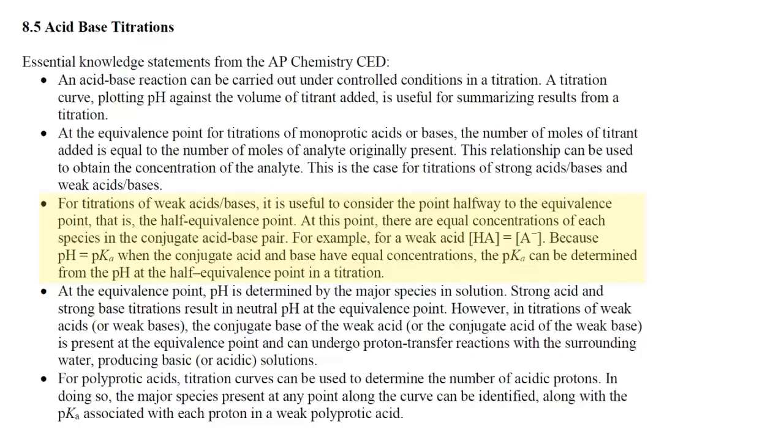At this point, there are equal concentrations of each species in the conjugate acid-base pair. So for example, if you have the same concentration of the weak acid HA as the conjugate base A-, then pH equals pKa at this point.